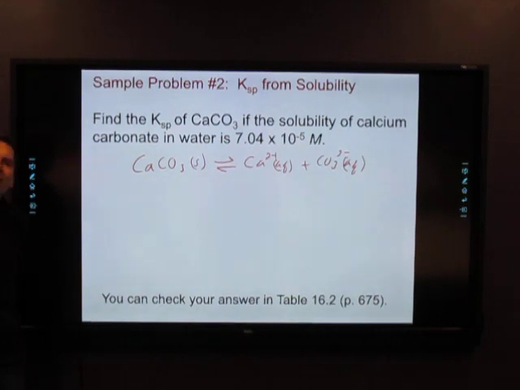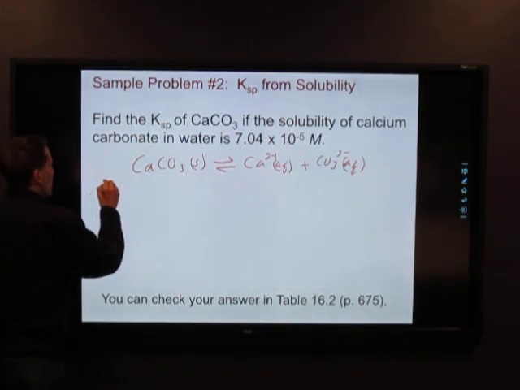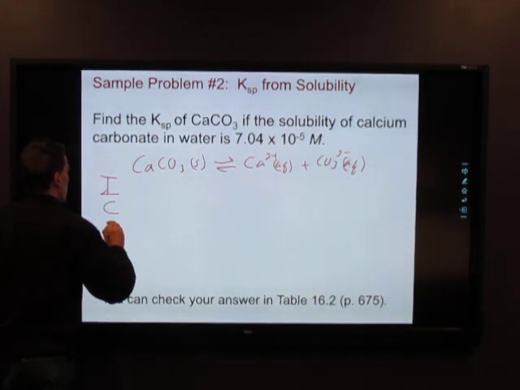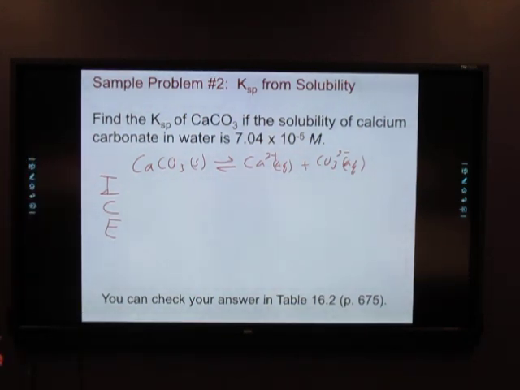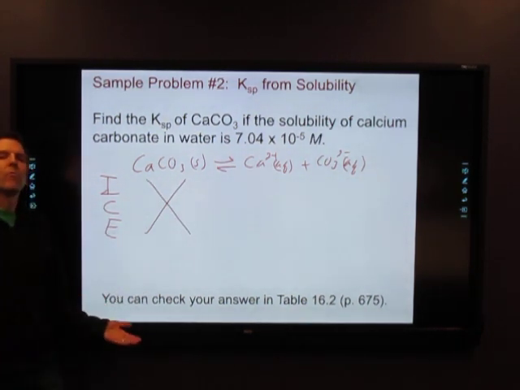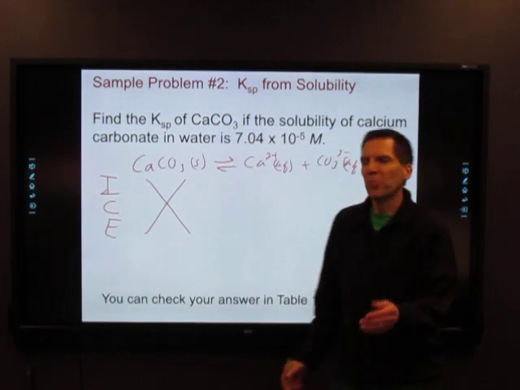So there's the balanced equation. Calcium carbonate makes calcium and carbonate ions. This is an ice chart problem. So we'll have the initial, change, equilibrium. We're dealing with a solid, so that won't count. We'll fill in just like the previous example.